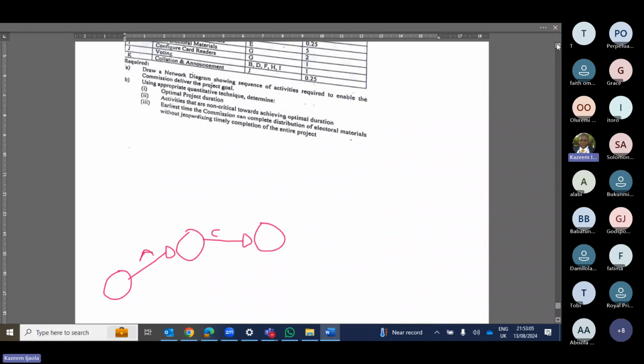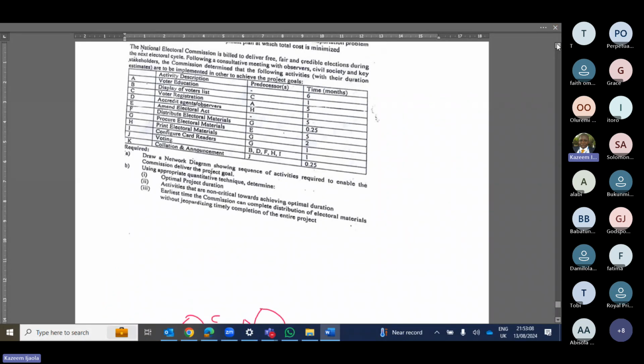Okay, C is from A. Let's move on. Please, I beg you in the name of God, don't use biro. It's even common sense, but let me say it. Don't ever use biro to draw your network in class, exam or test. Make sure you have your pencil and eraser.